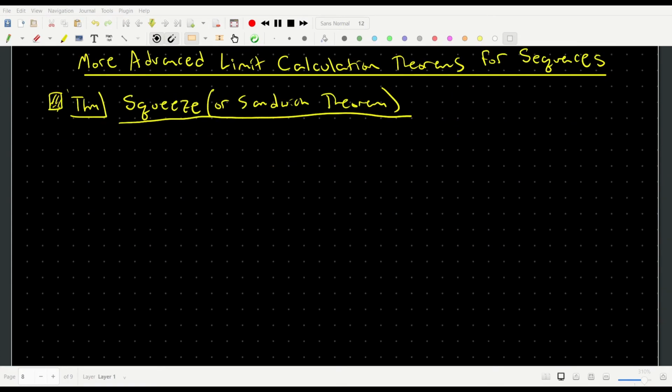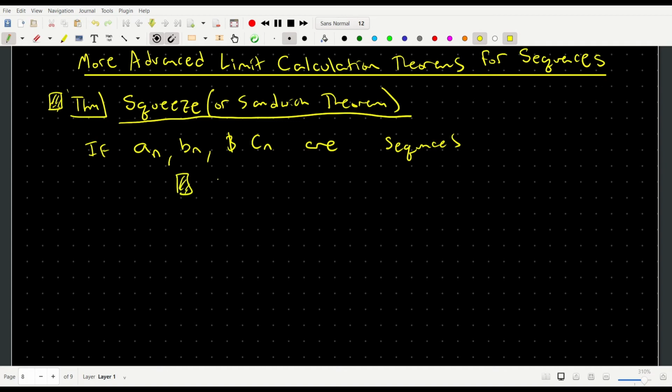The first theorem is called the Squeeze Theorem, or Sandwich Theorem, depending on what book you're using or who you took your Calculus 1 class with. This basically says that if a_n, b_n, and c_n are sequences that satisfy two conditions.